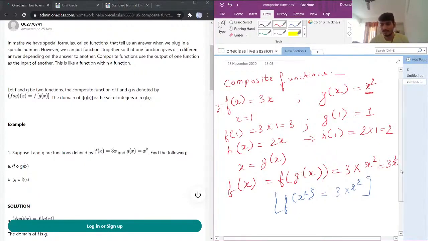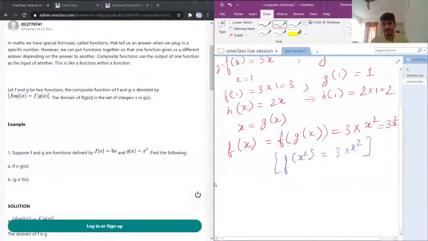So for simplicity also, instead of writing f of g of x, we write it as, and I also used to say this during my school times, we also write this as fog of x, which is basically f of g of x.